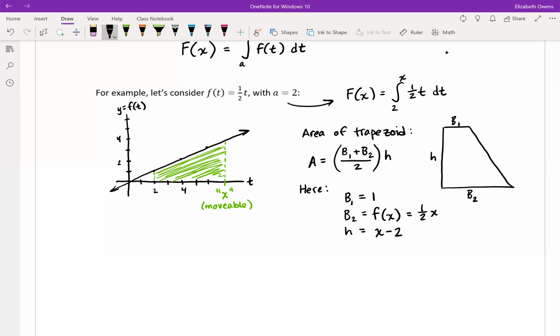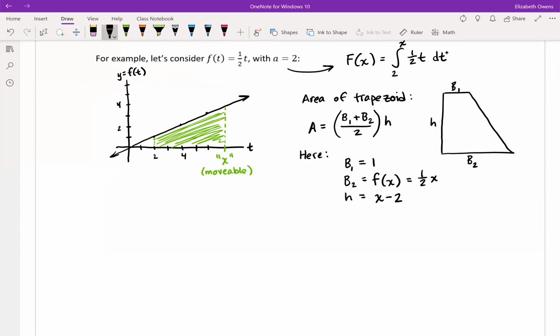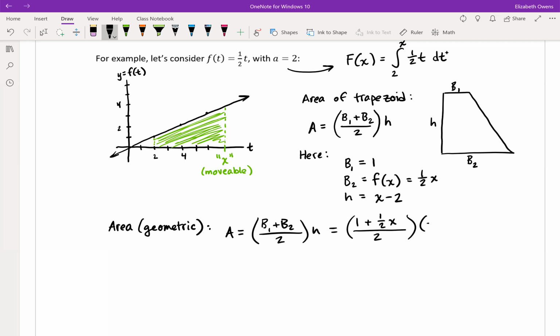And so our area here, finding this in geometric terms from that formula, is going to be A equals (B1 plus B2) over 2 times h. Stick in the B1, which is 1, plus 1/2 x for B2, divide by 2, and multiply by h, which is x minus 2.